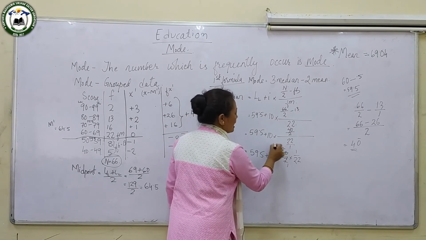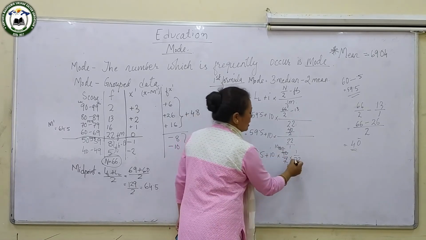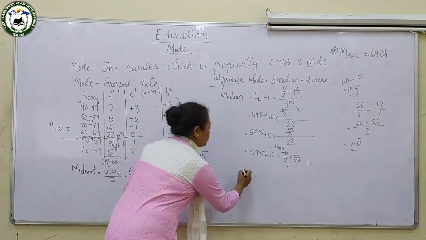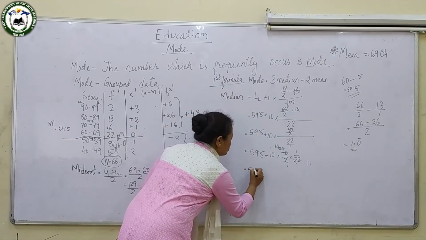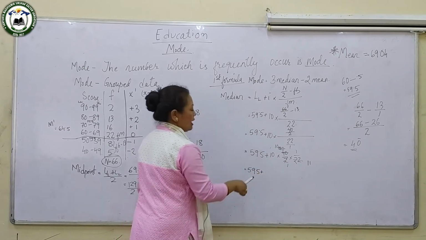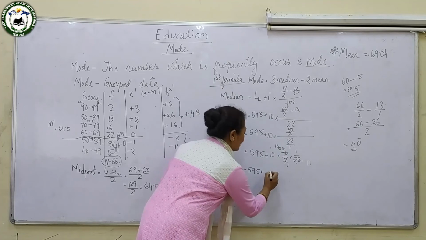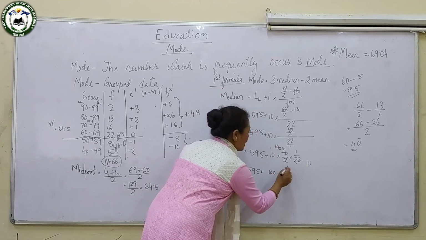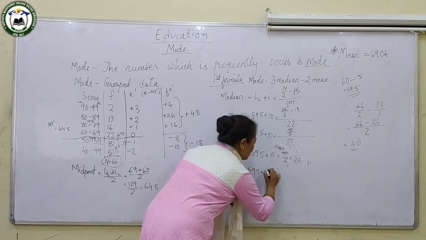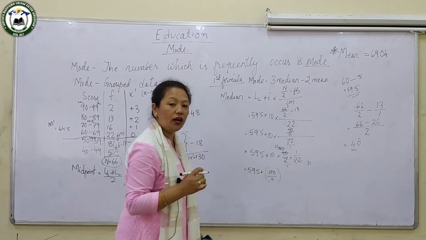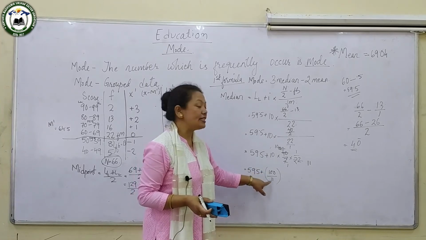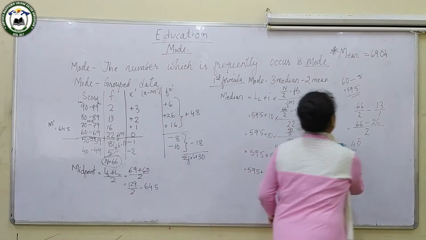Now 2 10s are 20, 2 11s are 22. So at the next level we write 59.5 as it is. Now 10 into 10 is 100 and 11 into 1 is 11. Now I'll put this into a bracket and divide 100 by 11.